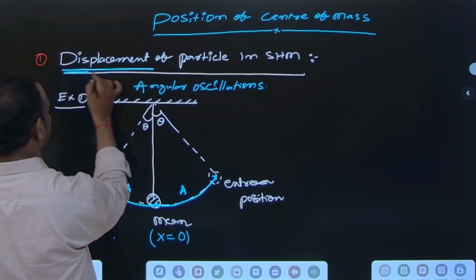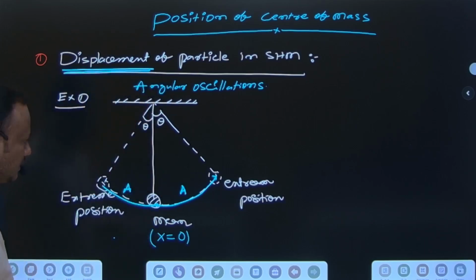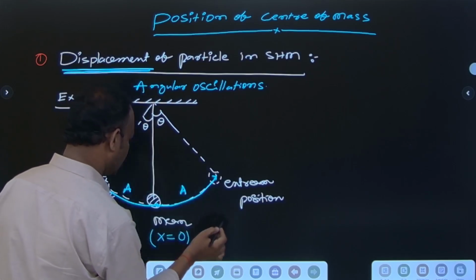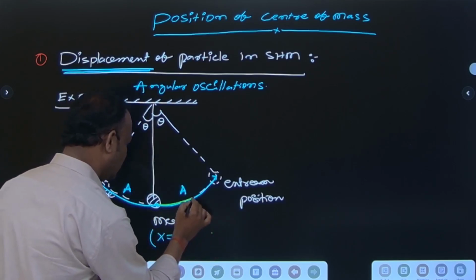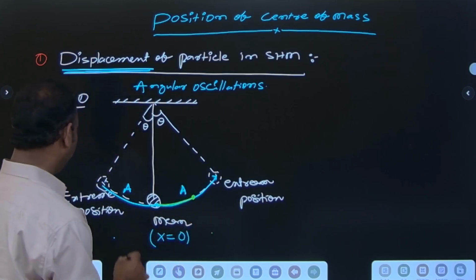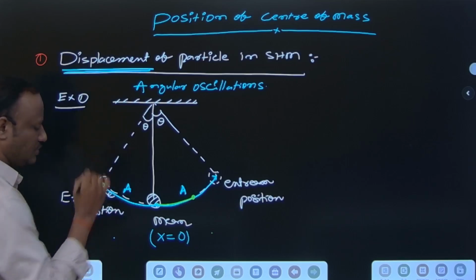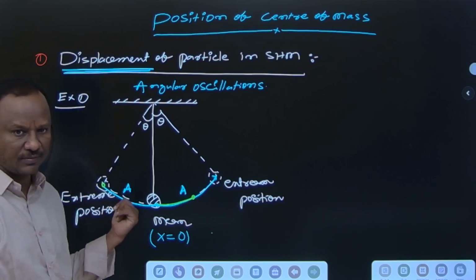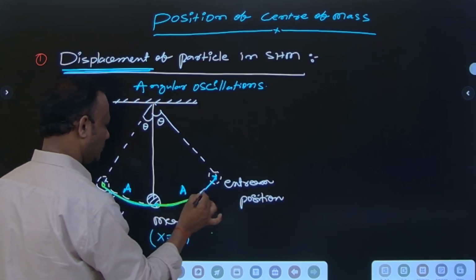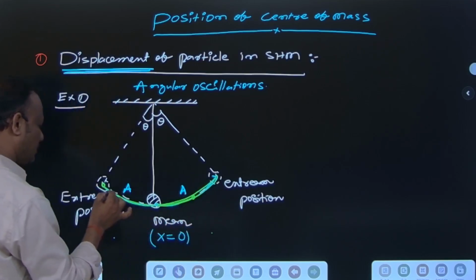What is the displacement? It is the displacement of the particle from here to here. For example, if it started from the extreme position, it moved from here and again came to the same point.